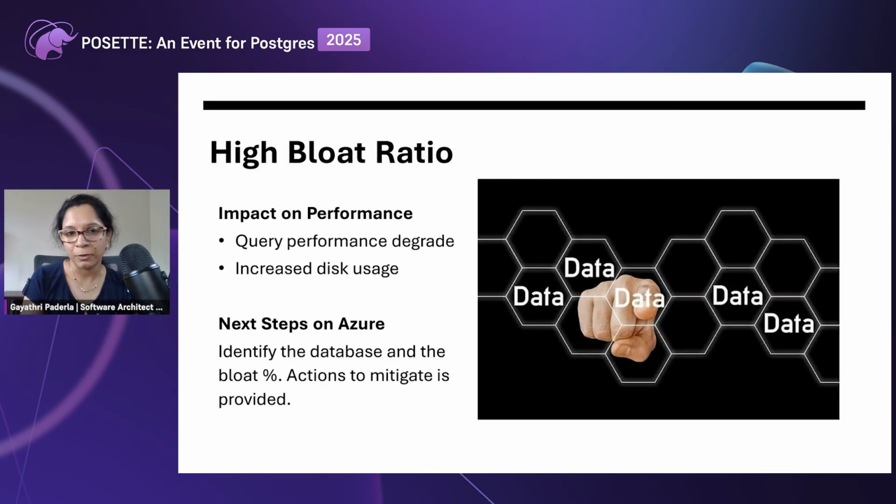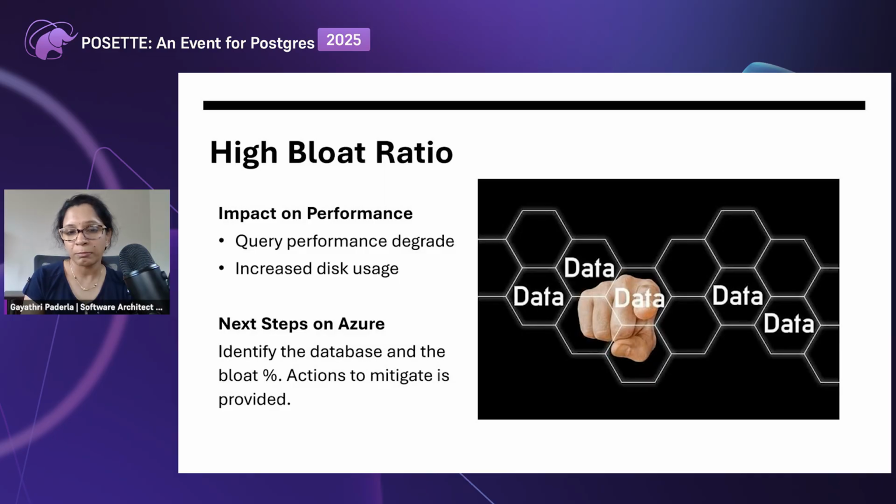Next comes the high bloat ratio. Bloat ratio is the unnecessary space which is accumulated by the dead tuples, which again happens because of the frequent updates and deletes happening on a specific table or a group of tables. So, having a high bloat ratio of greater than 80% is when this recommendation is triggered.